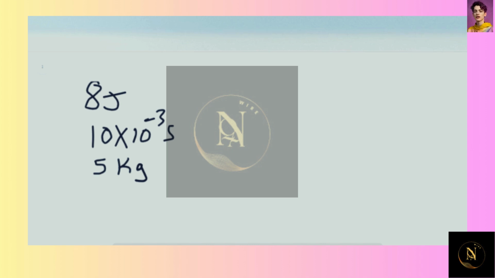So basically, we say the kinetic energy is same as always, 1/2 mv squared. And then when we solve for v, we get v is equal to the square root of 2E over m.